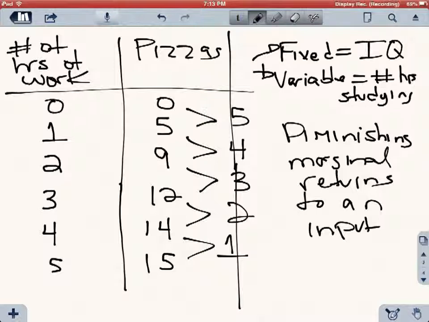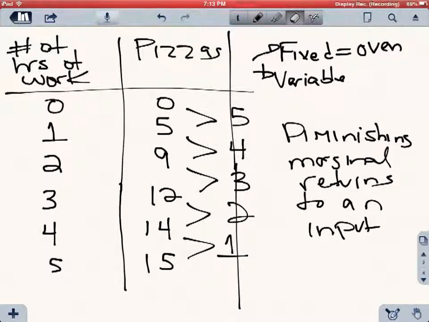And in this case, your fixed input was your oven, if you have a pizzeria, and your variable input was the number of workers you have or number of worker hours you have, right? So this will be worker hours. And the first worker you add, you only have 1 oven. The first worker allows you to increase your pizza by a lot. Now the second worker, yeah, you can actually start, the second worker worked at the cash register.